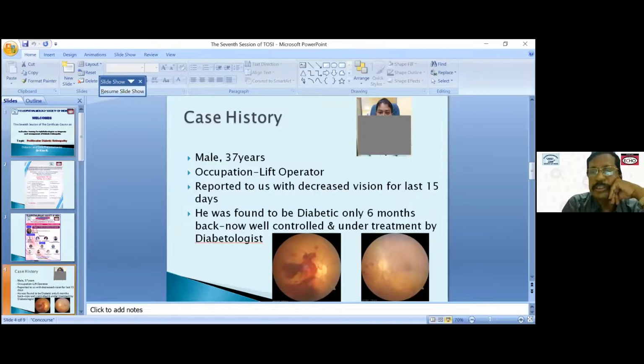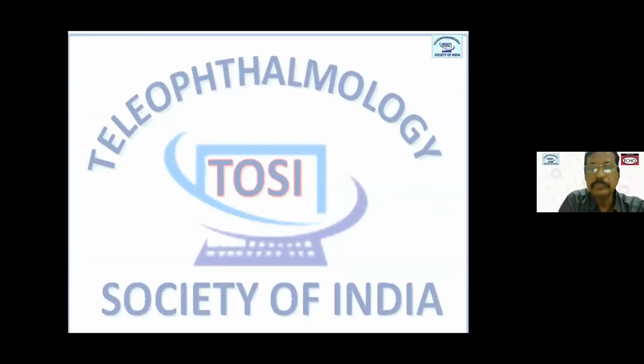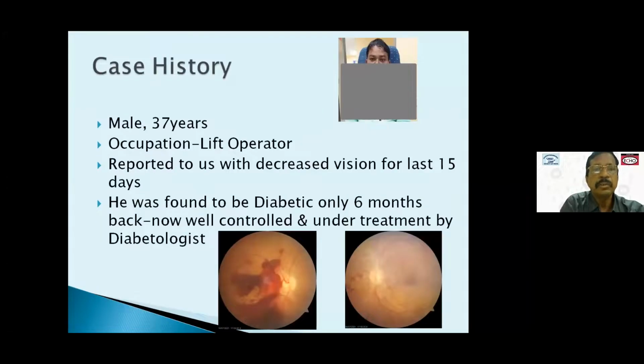This is a 37-year-old male, a lip profession, who was detected to be diabetic only 6 months back. After 6 months, we can now see the fundus picture in both eyes.